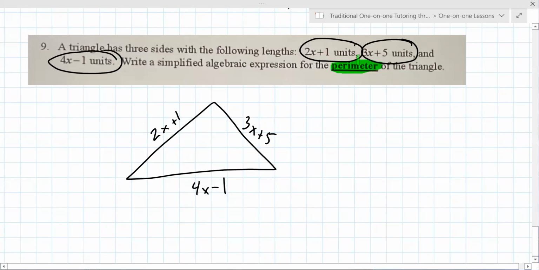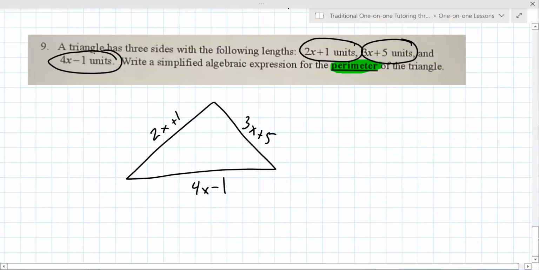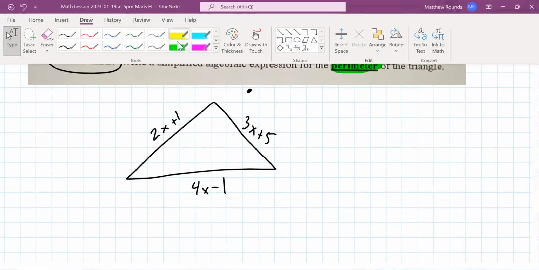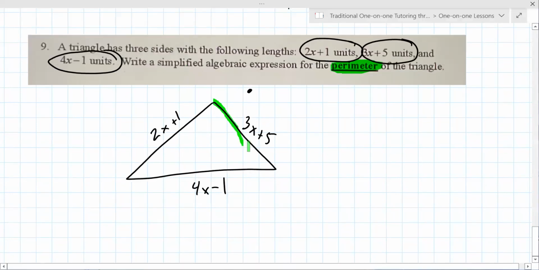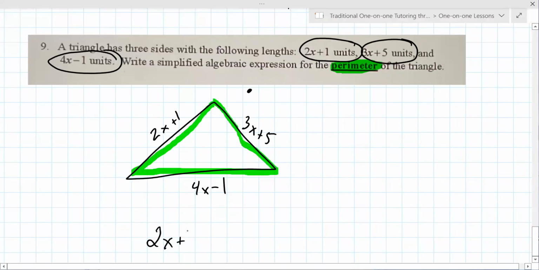Any idea what the perimeter means or what that refers to in this problem? Yeah, sides added up. Right. So to me, the perimeter is a walk around. You say, okay, I'm starting at one place, I'm gonna walk there, I'm gonna walk there, and I get back where I started. So in this problem, it would be 2x plus 1, the order doesn't matter, plus 3x plus 5, plus 4x minus 1.